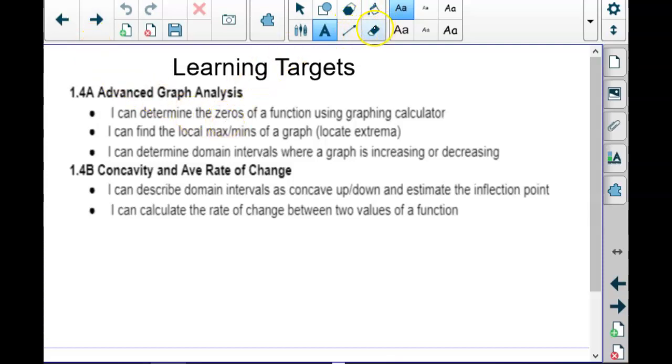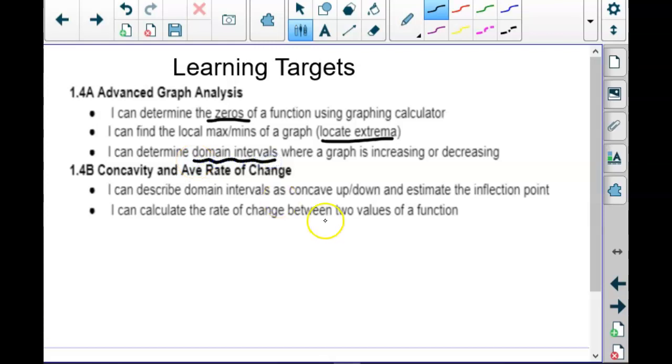So yesterday's learning targets were to be able to find the zeros on a graphing calculator, to be able to find all the extrema, which are maxes and mins, and determine domain intervals. What does domain intervals mean? You're using what letter if you have a max or min to determine whether the graph is increasing or decreasing?